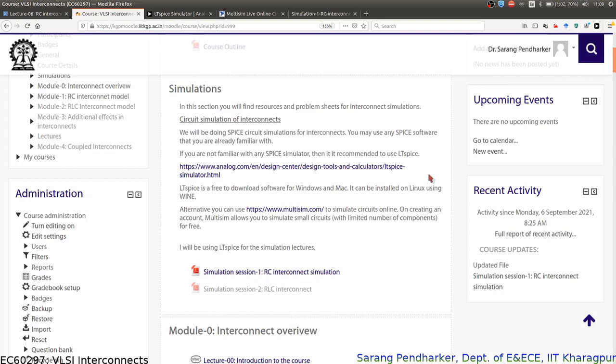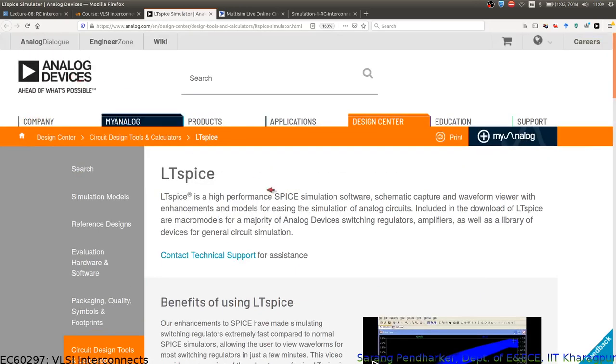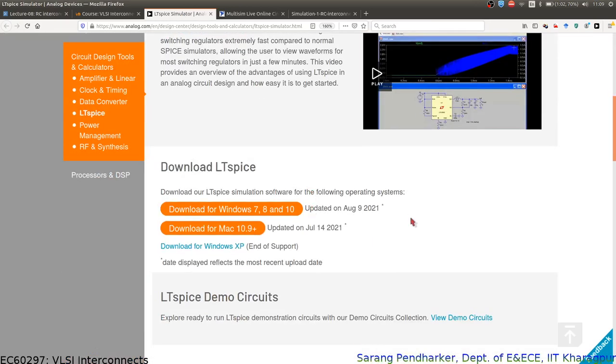If you are not familiar with any software, for example, if you don't have access to ADS or Cadence or other SPICE simulators, I would recommend a simple and easy to use simulator, which is LT Spice. I have given the link here. If you go to the link, this is I think provided by Analog Devices. It's free. So for Windows as well as Mac, download file is available.